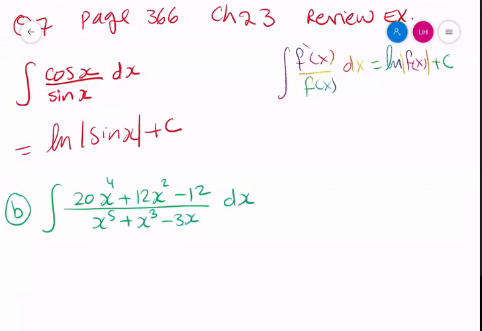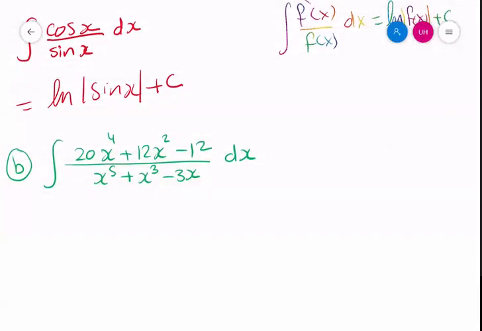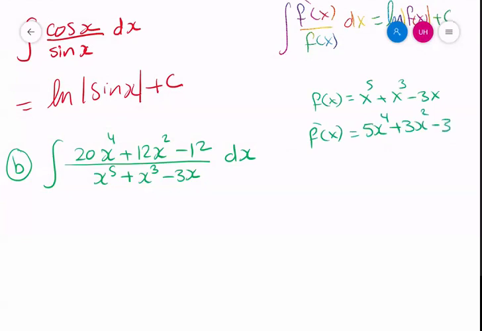So we look at the denominator here. f of x is x to the power 5 plus x cubed minus 3x, and f prime x is 5x to the power 4 plus 3x squared minus 3.